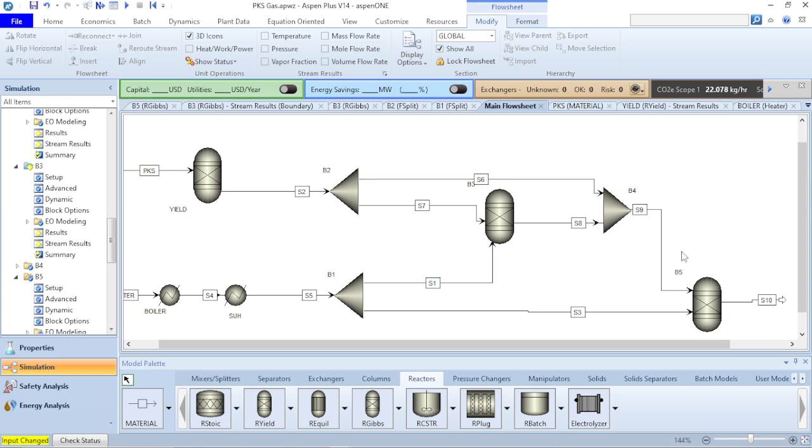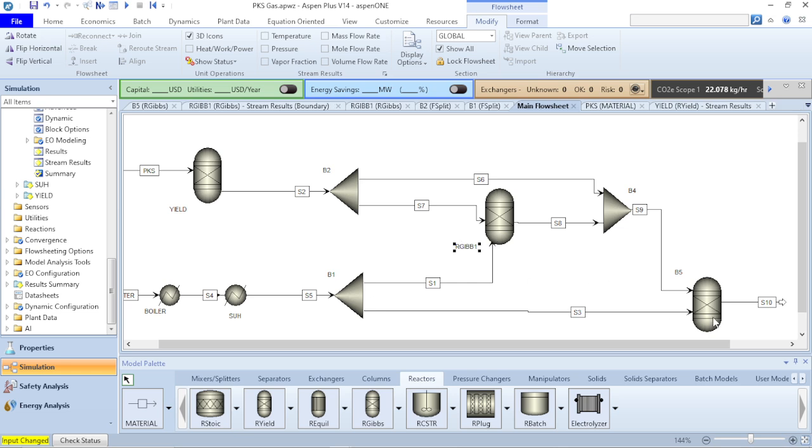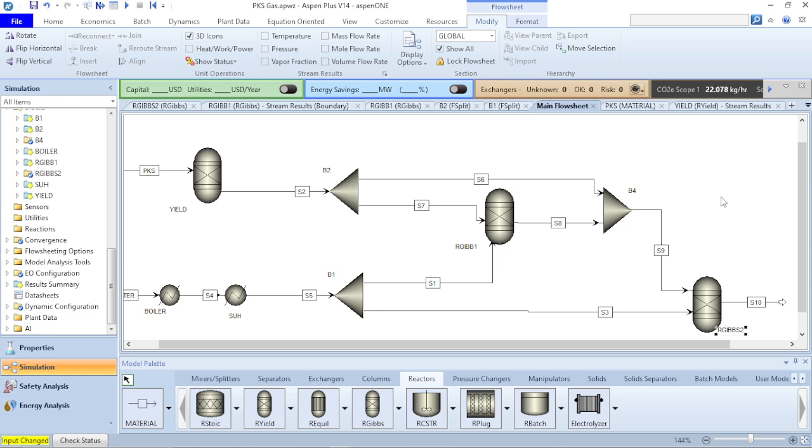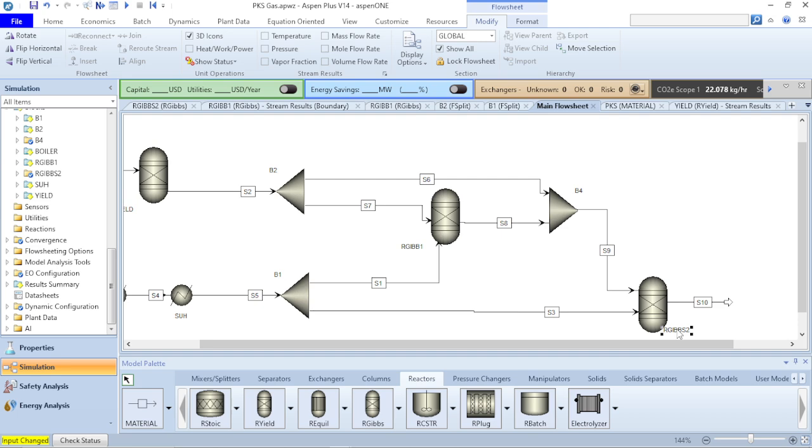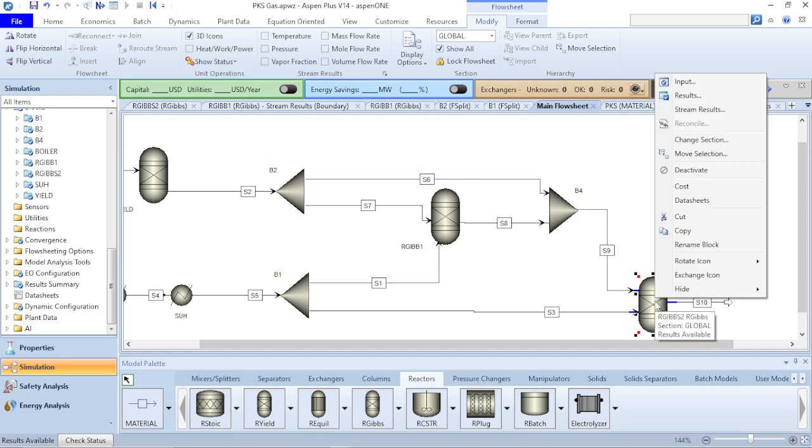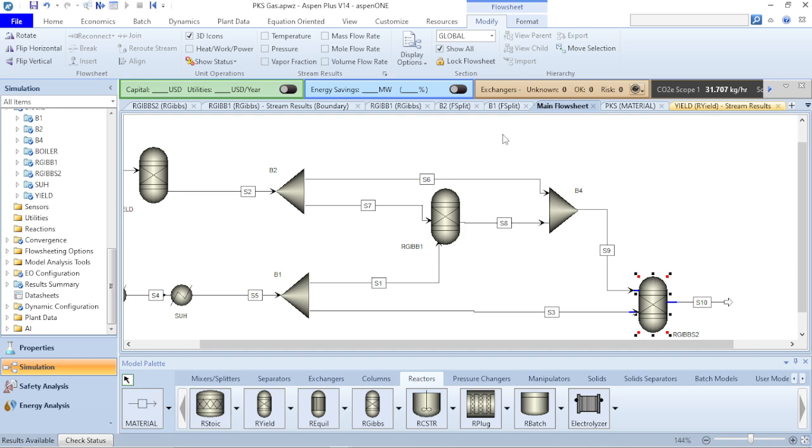Then let's just name this. So we run this, and then let's see what we have as the result.